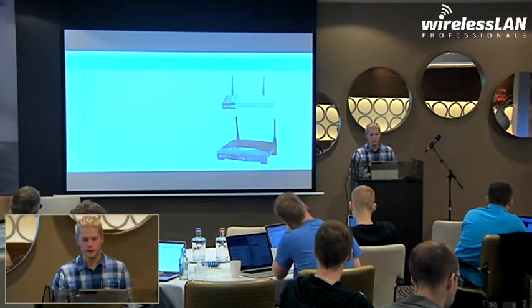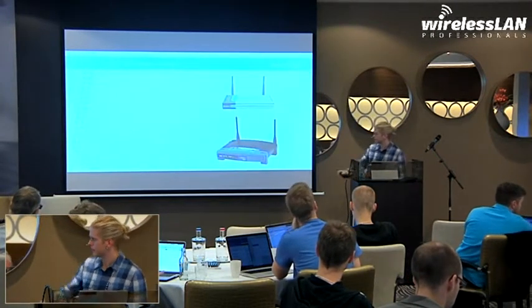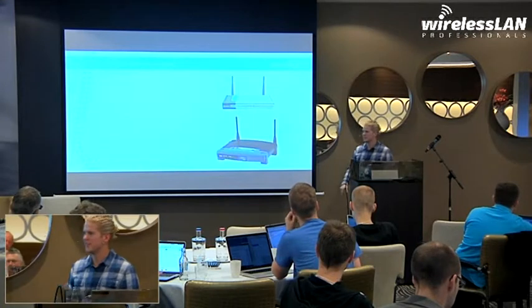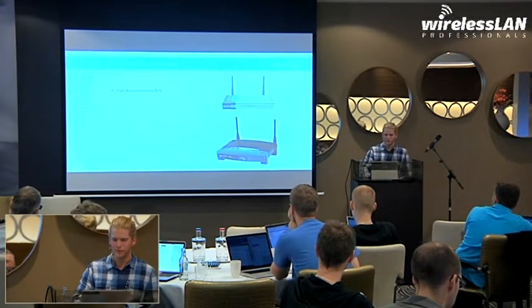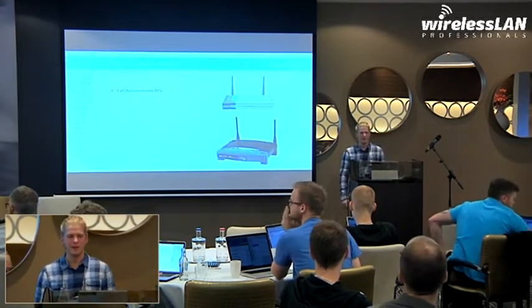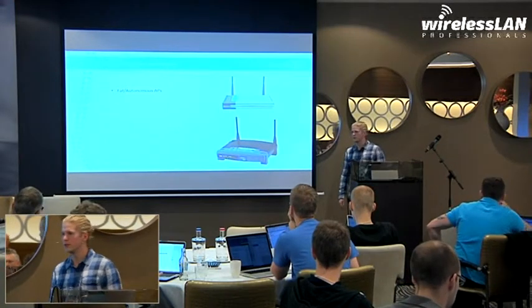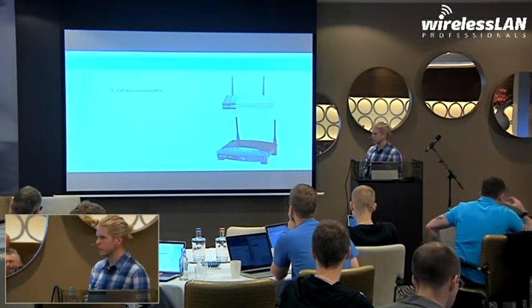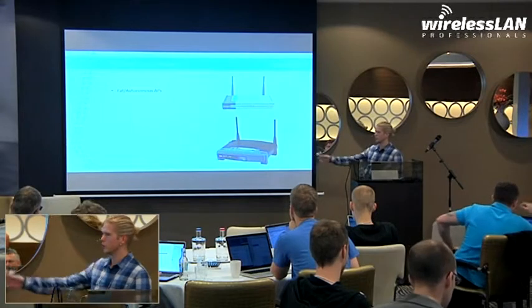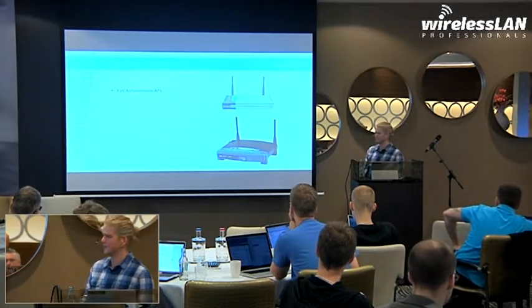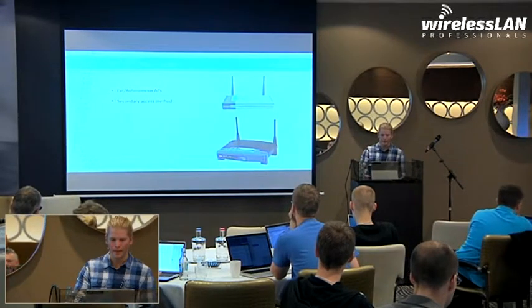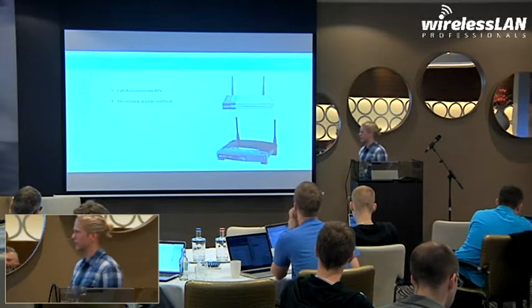So where did we begin? Who recognizes these guys? Fat or thick or autonomous access points. Call them what you want. We mostly call them rogues now, as Rick said. It was always a secondary access method.